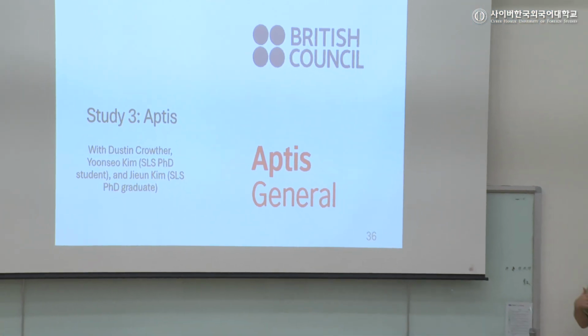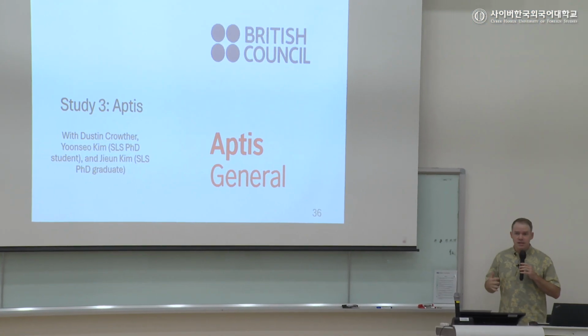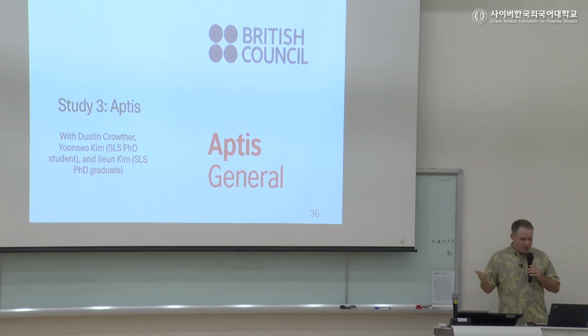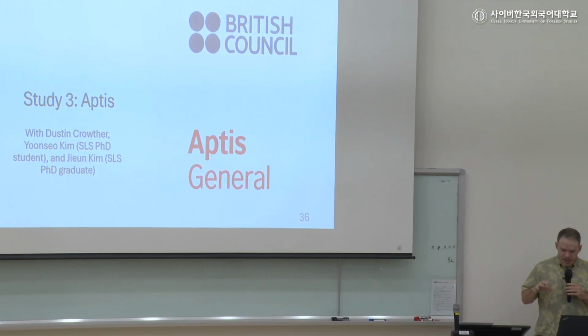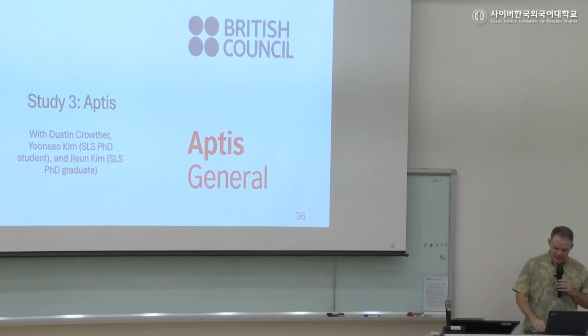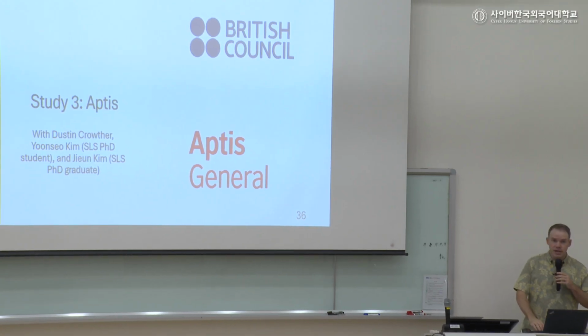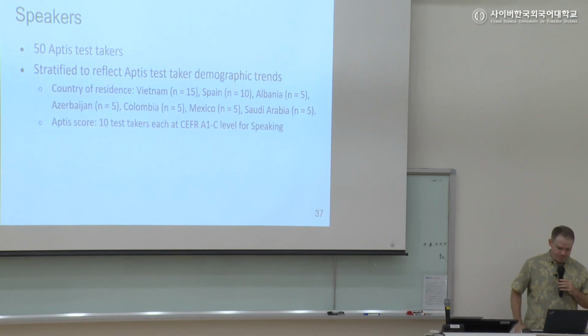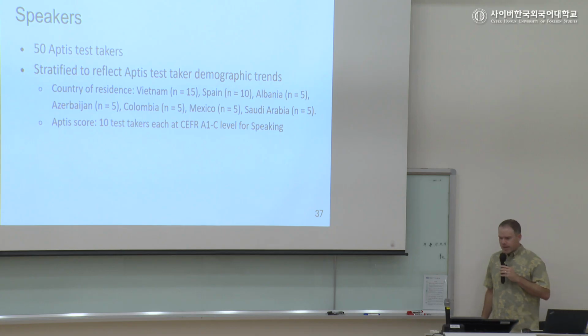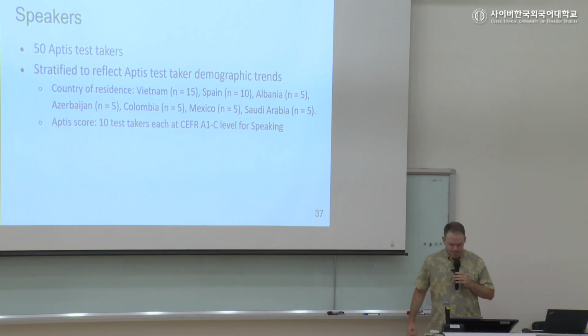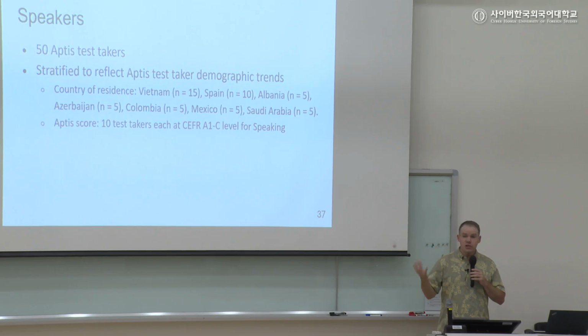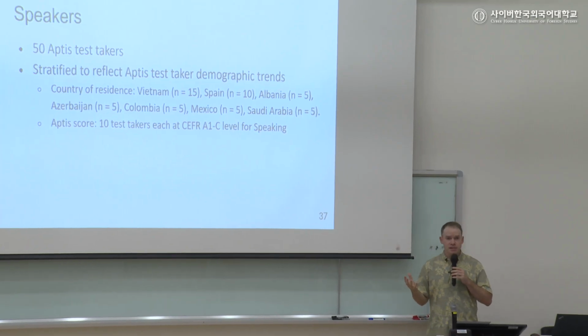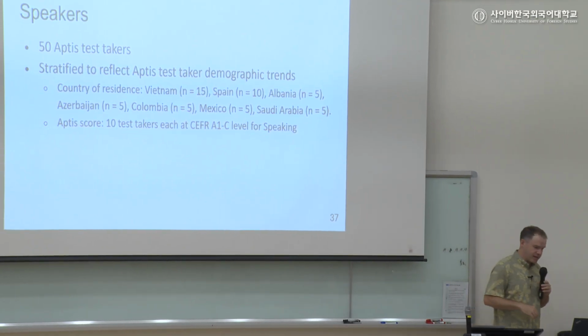Some places use it for teacher qualifications, others use it for other educational purposes, but it's not specifically an academic test. It's getting at supposedly general English language proficiency. And so for this one, kind of like the Duolingo study, we got official test performances and scores, this time from 50 test takers.